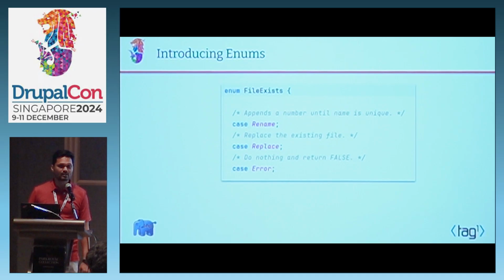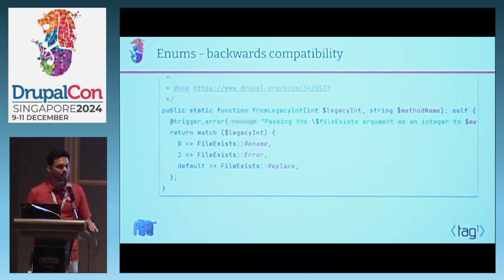And to handle the backwards compatibility, because it is present in Drupal 10.3 now, there is this function. So you said, can an enum have a function to initiate? I gave a different answer, like the initiation can happen otherwise in other places, but you can see this enum itself has a function, fromLegacyInteger.